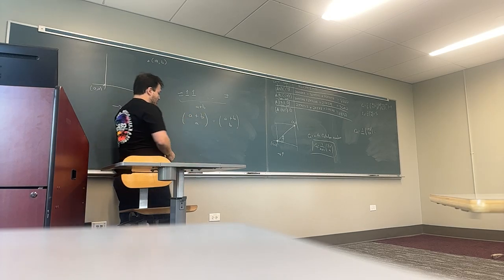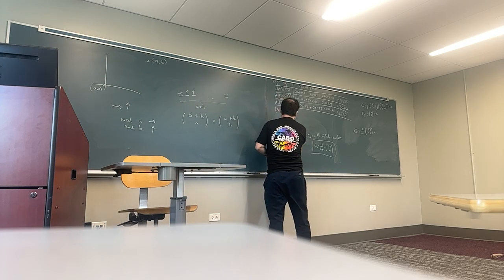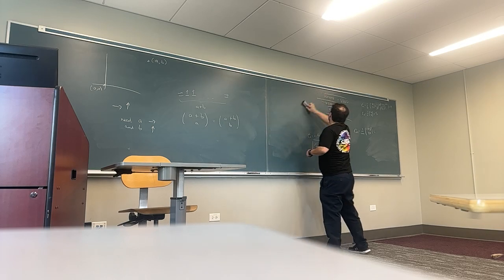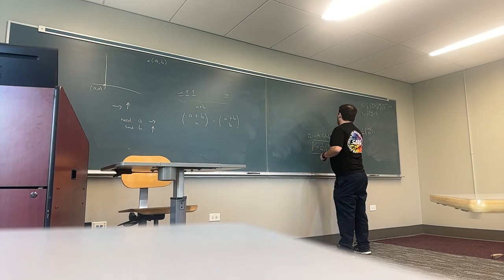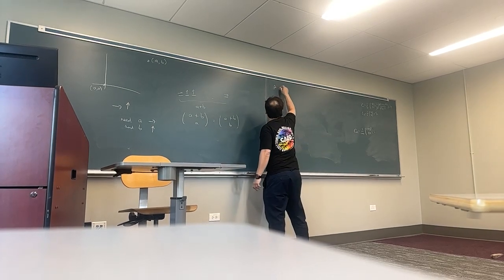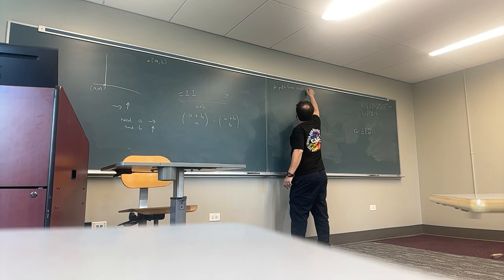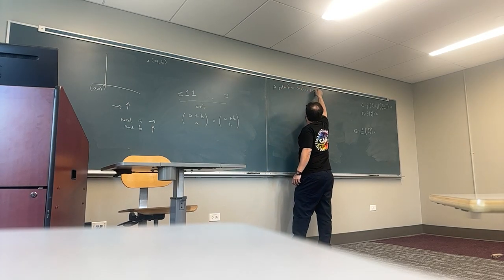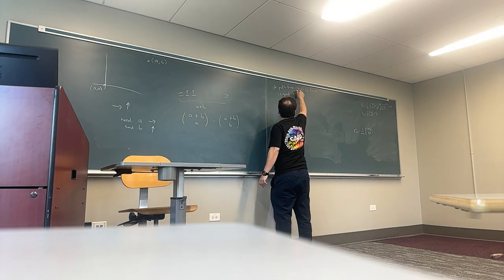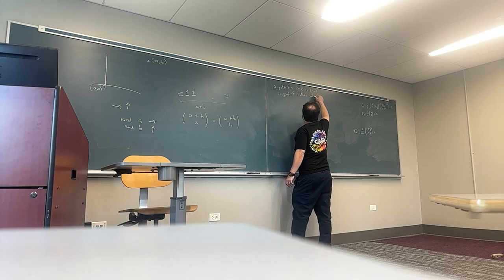Okay, so what we're gonna do is we're gonna consider a path. So a path from 0,0 to n is good if it does not cross the diagonal.